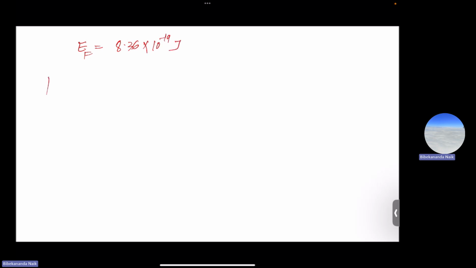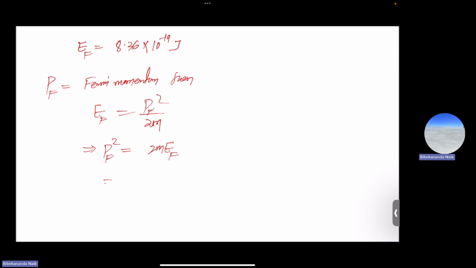Now we know if PF is the Fermi momentum, then EF is PF square by 2m. So PF square will be 2m EF.